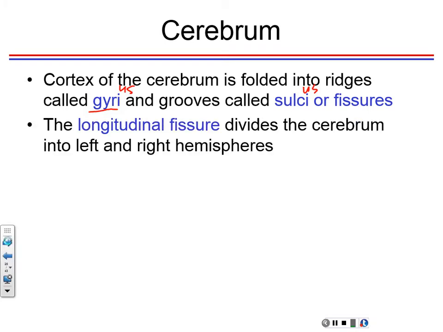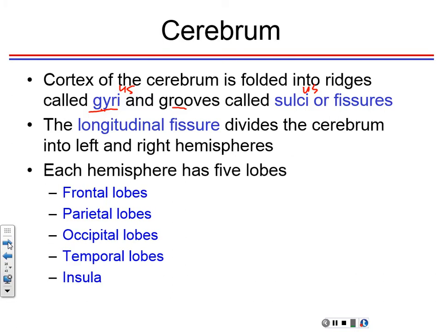Resist the tendency to think grooves are called gyri, no. Grooves are sulcus, or sulci, plural. Right in the middle of the brain there's a crack, almost like a butt crack, that separates the two cerebral hemispheres. That's called the longitudinal fissure, and it separates the two.